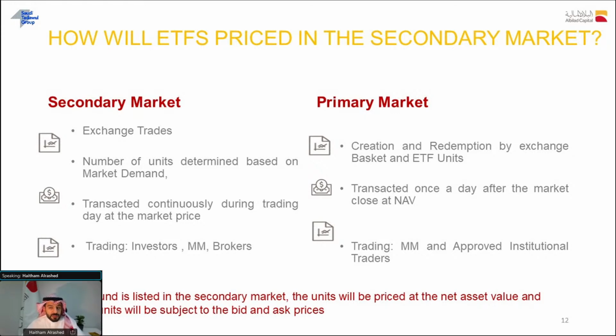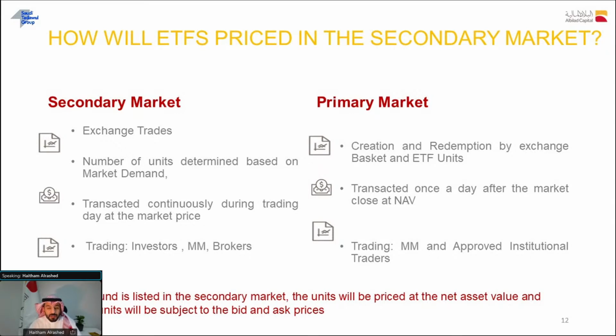The secondary market is the market that everyone knows, the exchange market, where people buy and sell listed securities, including ETF units. The number of units for an ETF is determined based on the demand in the market.